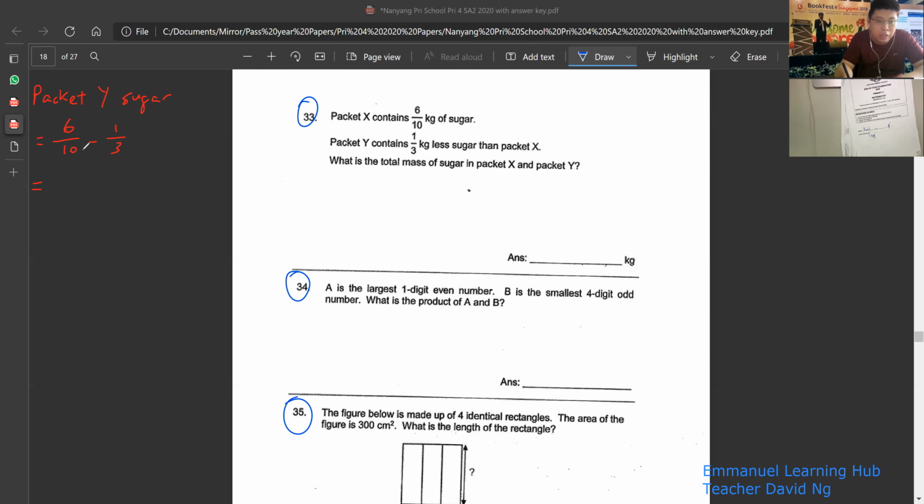Then that would be the lowest common multiple of 10 and 3, right? Which is how many? What's the lowest common multiple of 10 and 3? 9. No. Lowest common multiple of 10 and 3 is not 9. 30.